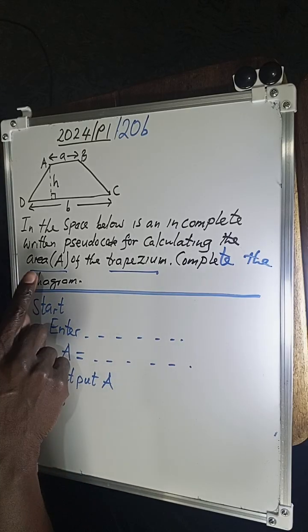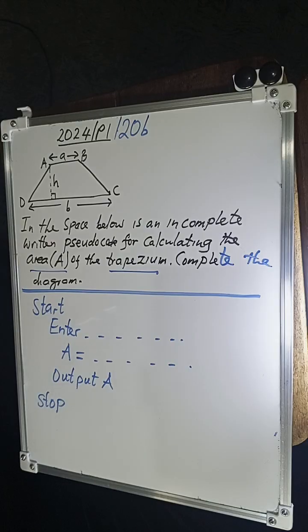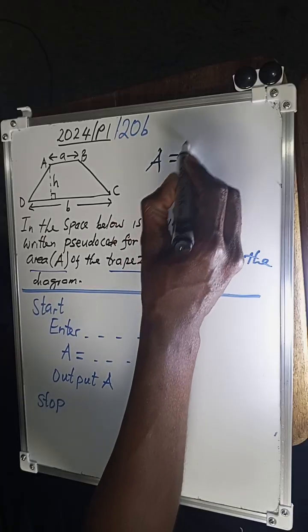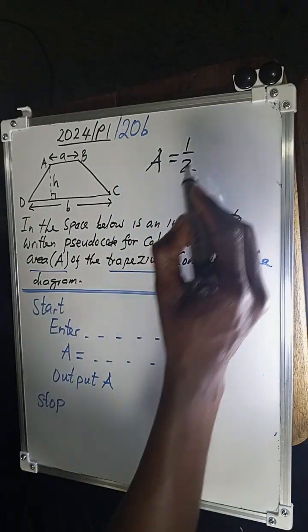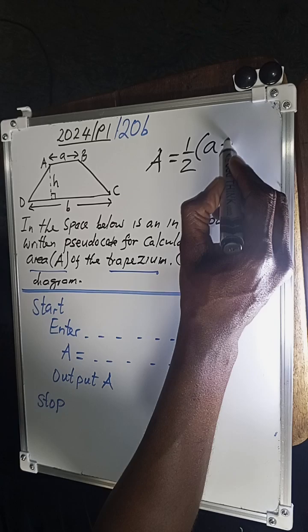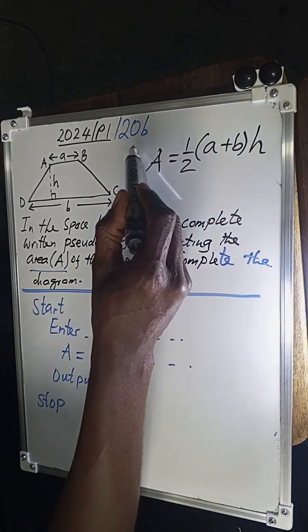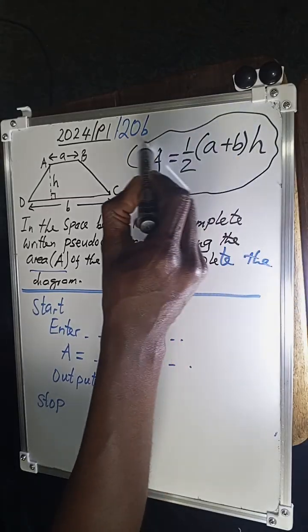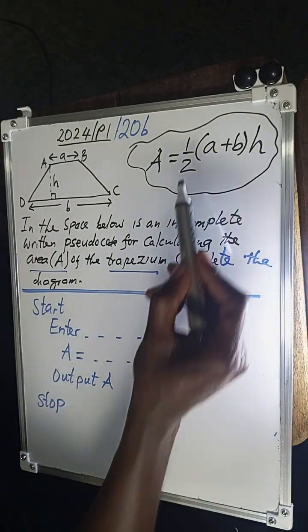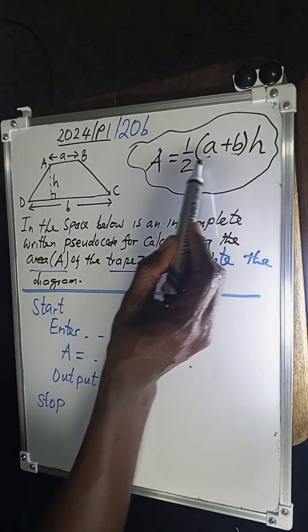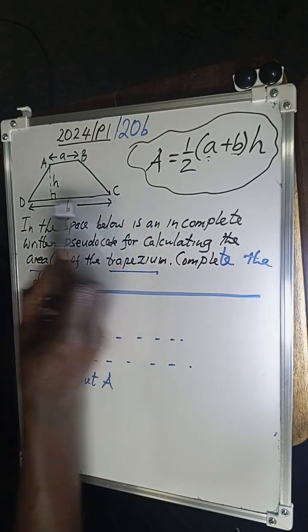Now, because they are talking about finding the area of a trapezium, you need to remember that the area of a trapezium, let me just write it here, is simply given by half multiplied by A plus B multiplied by H. This is the formula we use for finding areas of a trapezium. Half A plus B refers to the two parallel sides, the shorter one plus the longer one.